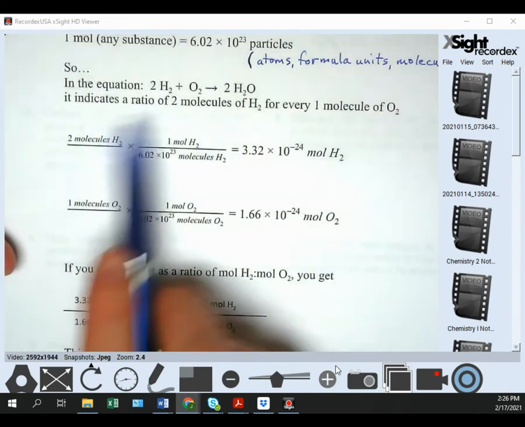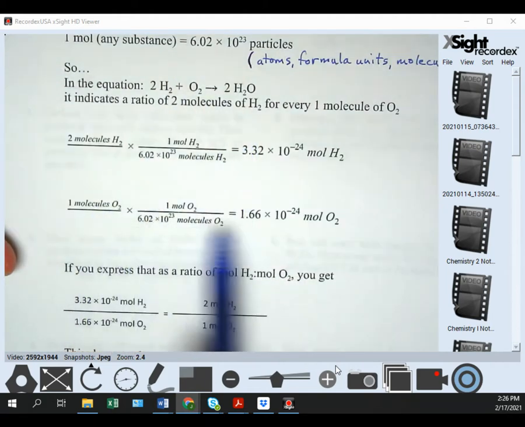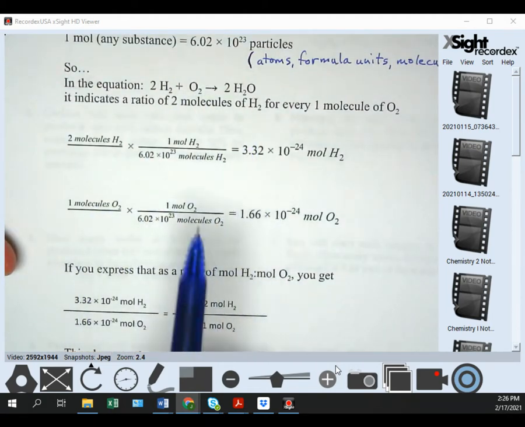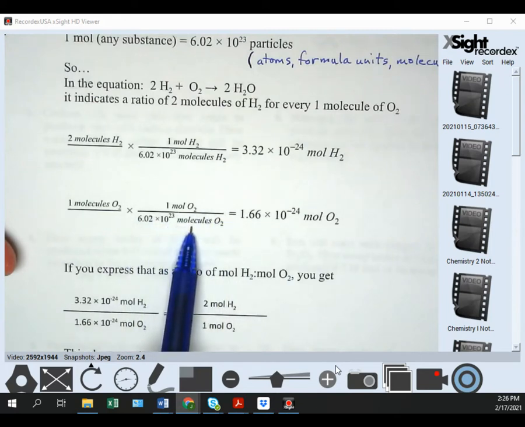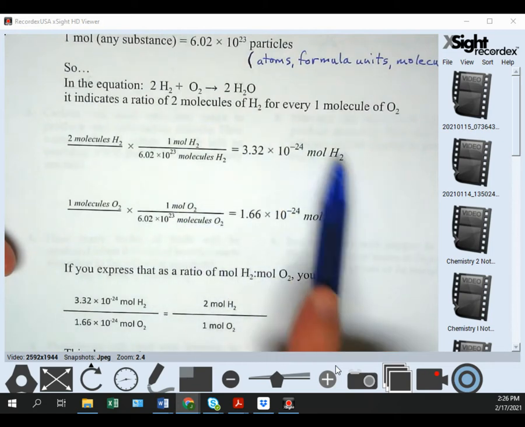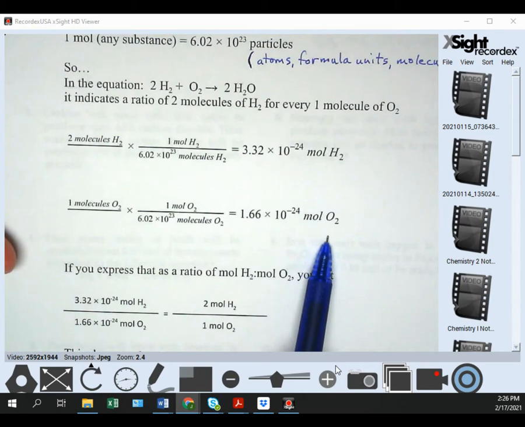If we take 2 molecules of hydrogen and 1 molecule of oxygen and turn those into moles, like you did last unit, 6.02 times 10 to the 23rd molecules equal 1 mole, right? We get these numbers of moles, this amount of moles of hydrogen, this amount of moles of oxygen. Make sense so far for everybody?